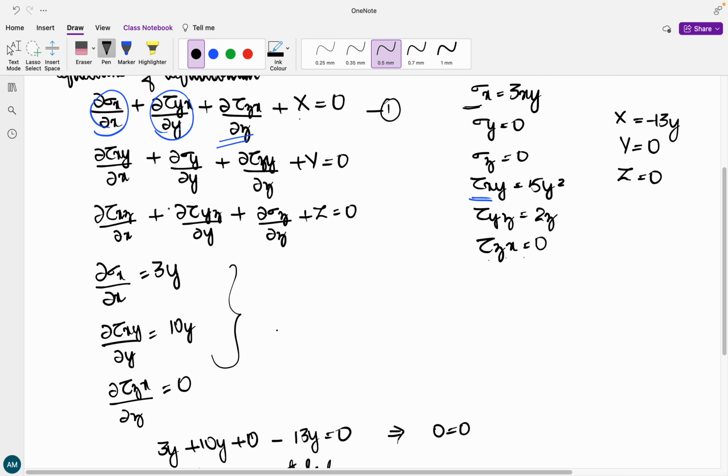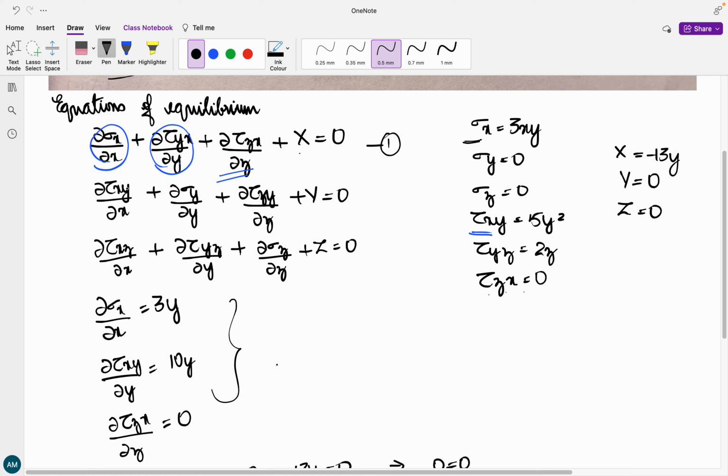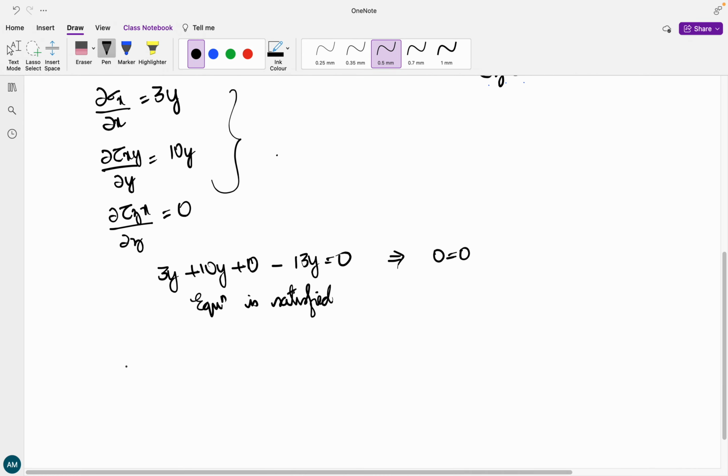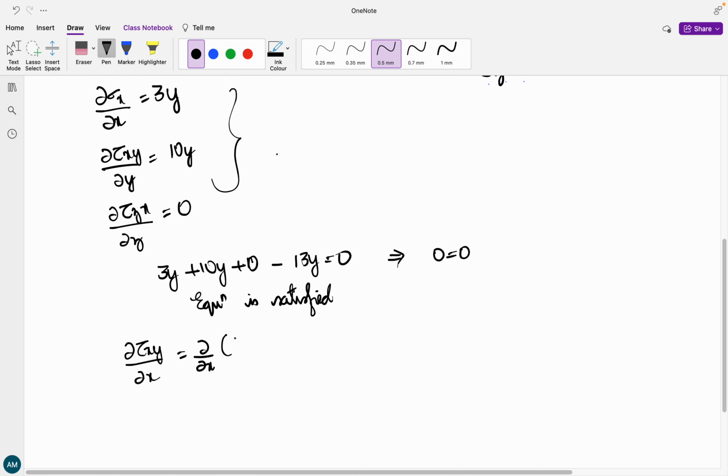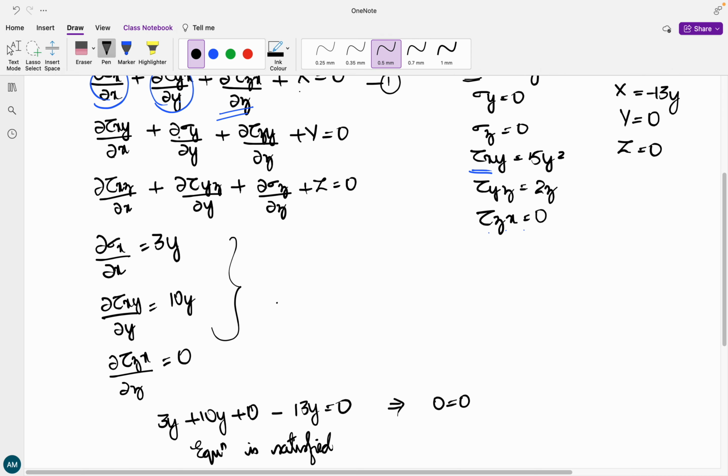Next, for the second equation, ∂tau xy/∂x. Tau xy is equal to 5y square, which should be differentiated with respect to x. This is nothing but ∂/∂x of 5y square. We do not have an x component, hence 0. Then ∂sigma y/∂y, that is 0.